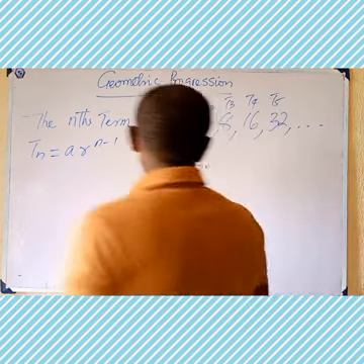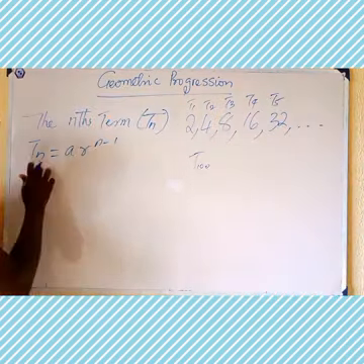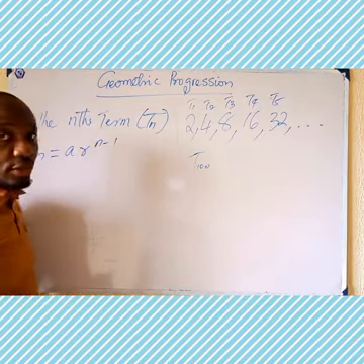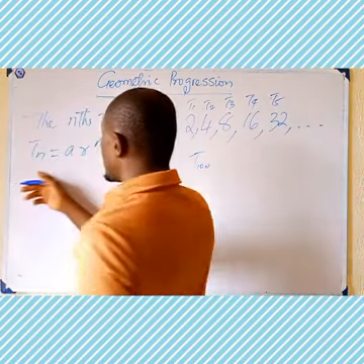Okay, so let's go back to the nth term. We start with Tn equal to ar raised to the power n minus 1. Let's define all the terms we have here.